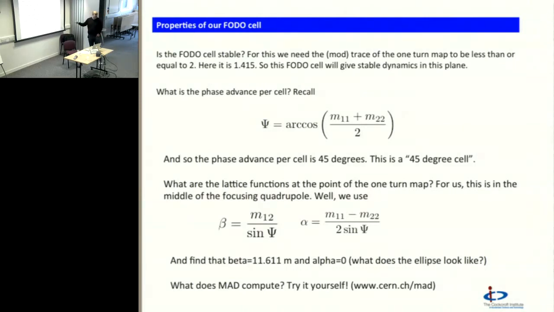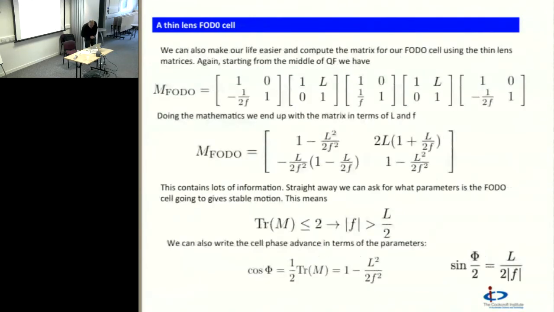So what does MAD compute? Well, you can download it for a Mac or for Windows. If you haven't tried MAD before, download it, learn the syntax. An 8-line file will give you this lattice. Compute beta, everything. It'll all come out pretty accurately.